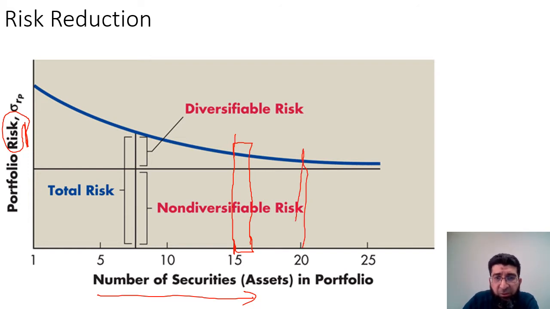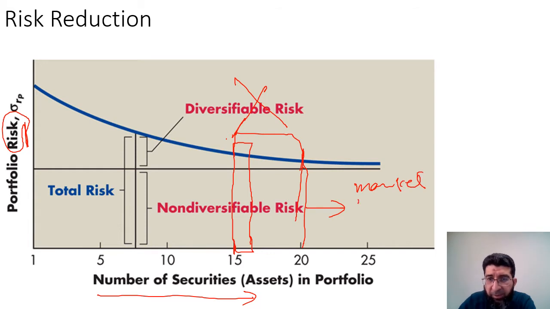If you invest in 15 to 20 assets, you completely reduce the risk or get rid of the diversifiable risk. You're only left with non-diversifiable risk, for which the market will compensate with return.